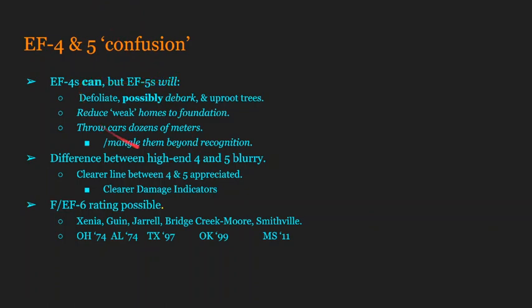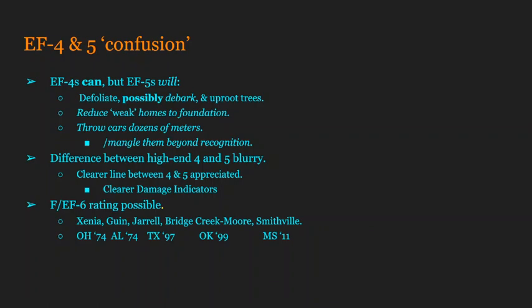Now, this part I know is a little confusing, but I really couldn't find a different way to word it. What EF4s can do is in bold from here on; what EF5s will do is all in italics. EF4s and 5s should pretty much be able to defoliate any tree or shrub or bush that they come across. EF4s can possibly debark and uproot trees.